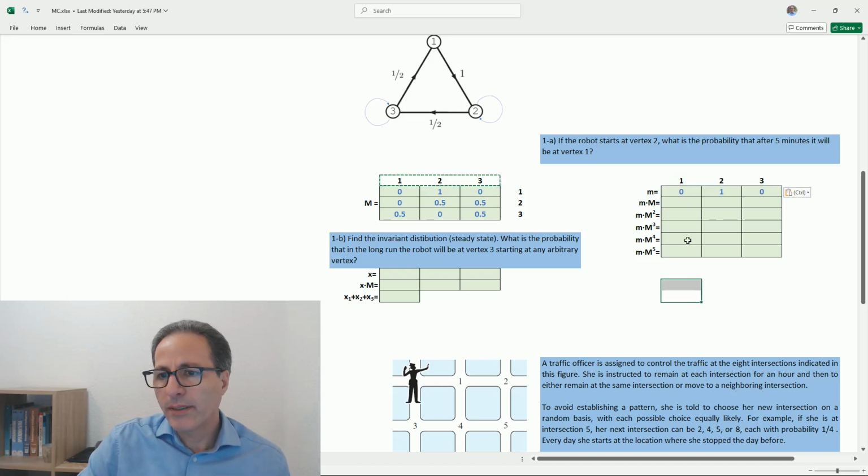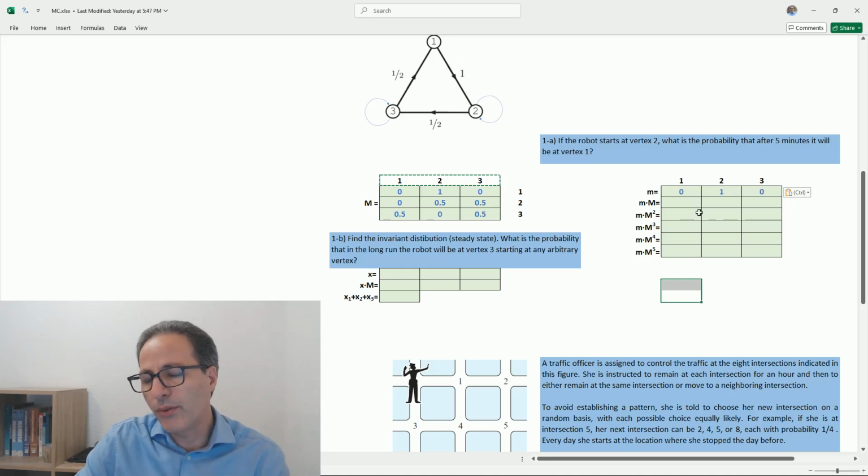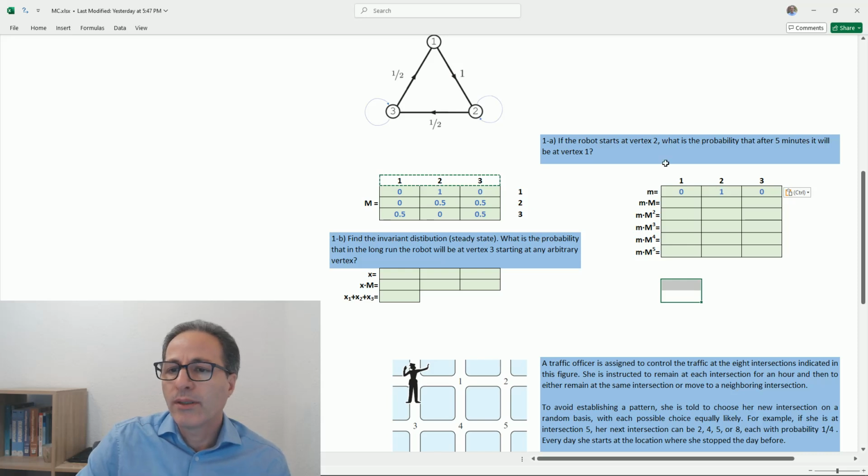So these are vertex 1, 2, 3. At the initial state it is at 2, so this is 1, the other is 0. But we may have by probability something, it might be at 1, by some probability at 2, by some probability at 3. But it says that it is at 2, so for sure it's at 2, certainly, so that probability is 1, the rest 0.